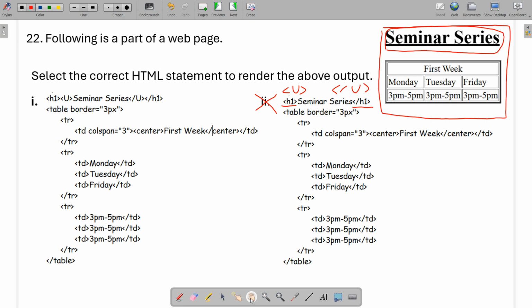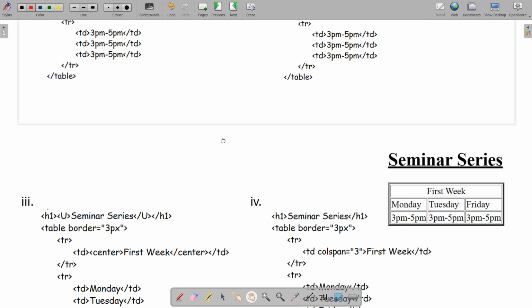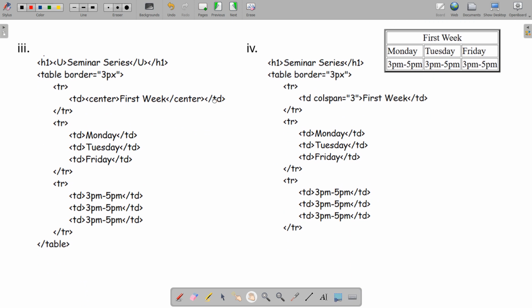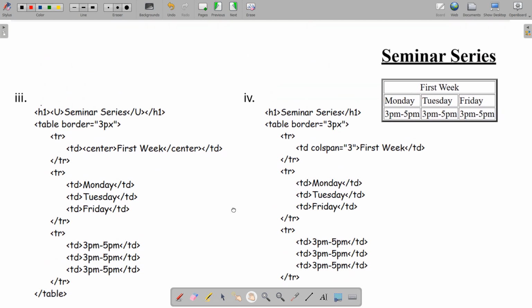If you think about the third and the fourth, they have H1 and U, and the fourth one does not have the underline, so it is disqualified as well. So either the second or the third is going to be the answer.